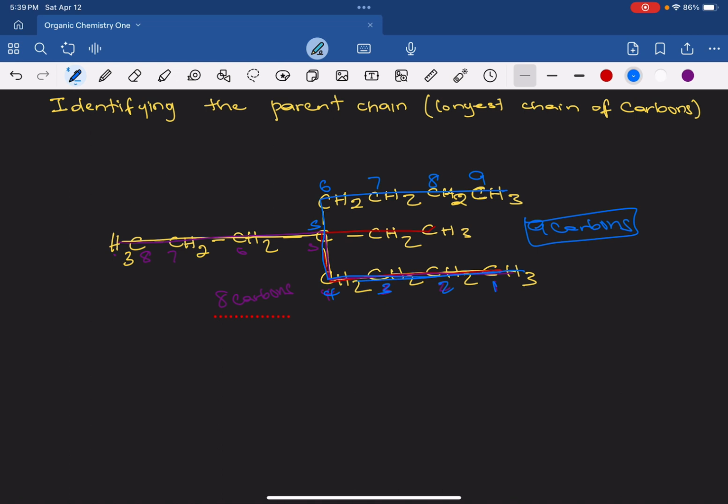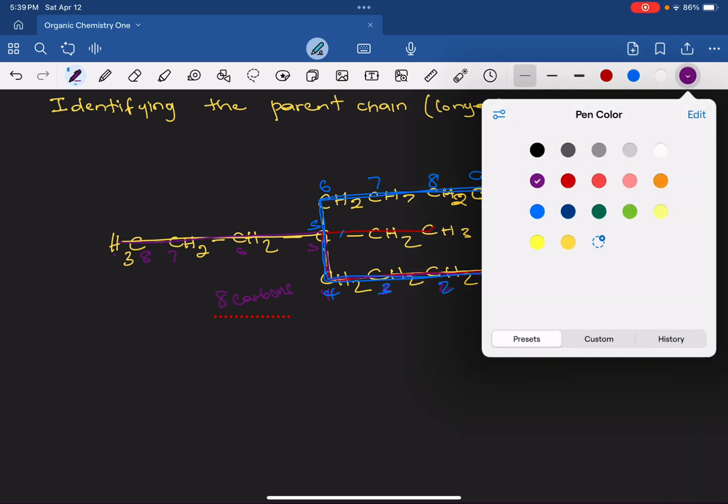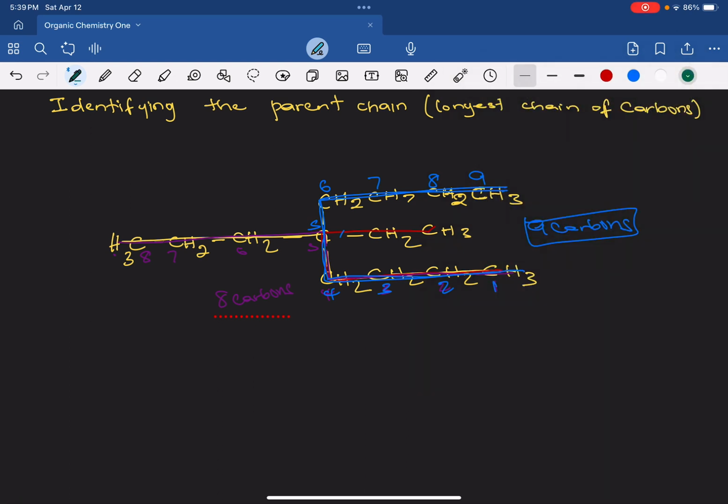And remember, this is what this looks like. So anything that is not a part of your longest chain of carbons, which is the blue chain, right, is a substituent. So let me circle our substituents. I want to use a different color to circle our substituents. So this would be a substituent.